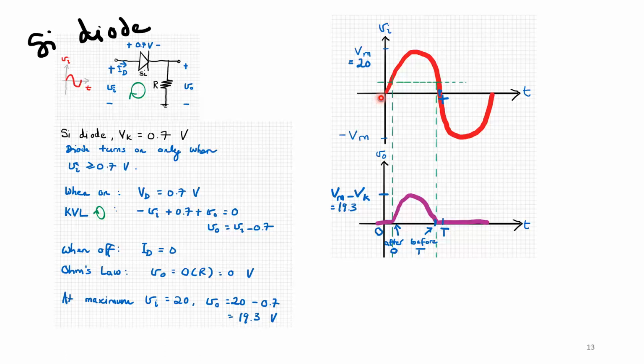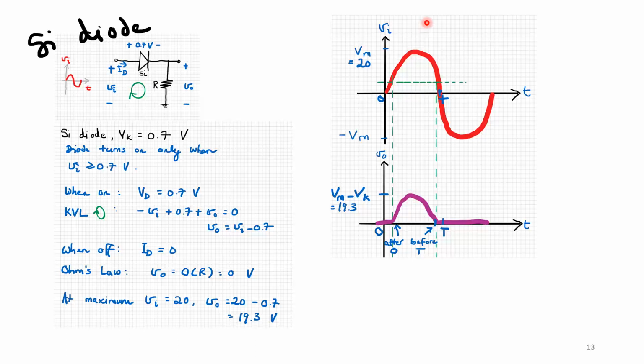When the input signal crosses from negative to positive at 0 volts, at this point V out is still 0 because it's not turned on yet, until V in crosses 0.7. Then it turns on and follows V in, but with a reduction of 0.7 volts.